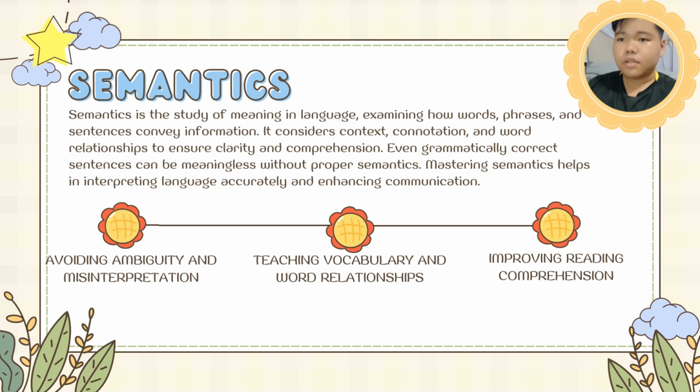Secondly is teaching vocabulary and word relationships. Words can have different meanings depending on context, that is polysemy, or they can be completely unrelated but sound similar, homonyms. For example, a bank versus a bank.